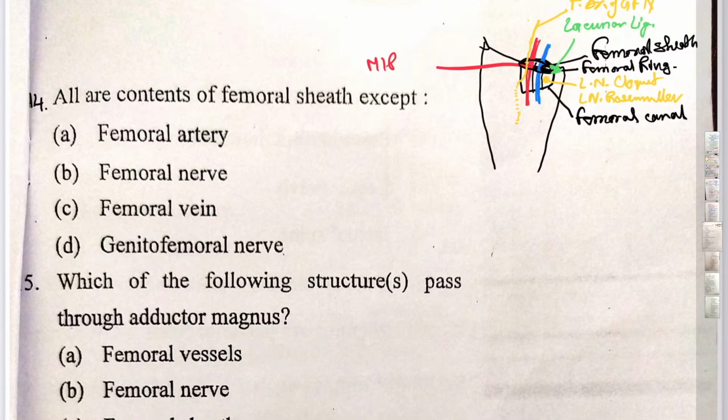However, what stays out of this sheath is the femoral nerve. This femoral nerve passes below the midpoint of the inguinal ligament. So if you understood the contents of the femoral sheath, the answer will be femoral nerve.